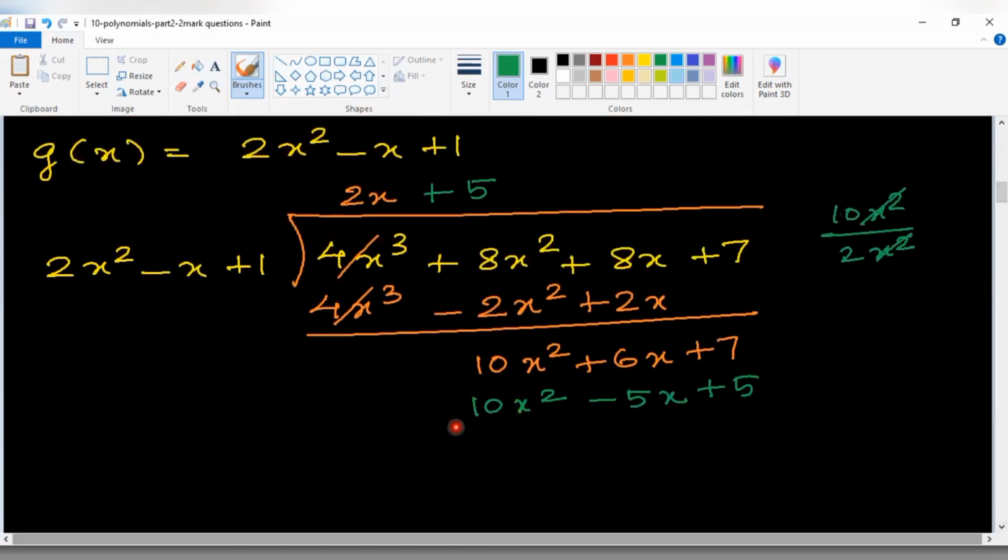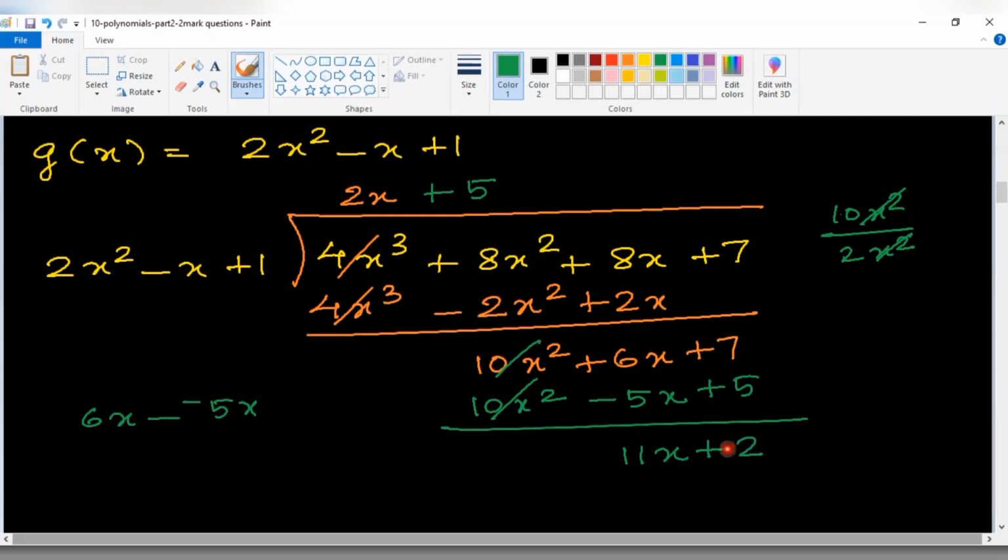Next, we have to do subtraction. See, 10x square will get cancelled. 6x minus 5x. See, 6x minus, both two negatives are coming together, means it is positive. So 6 plus 5 is 11. So 11x is here. Then 7 minus 5, that is 2.